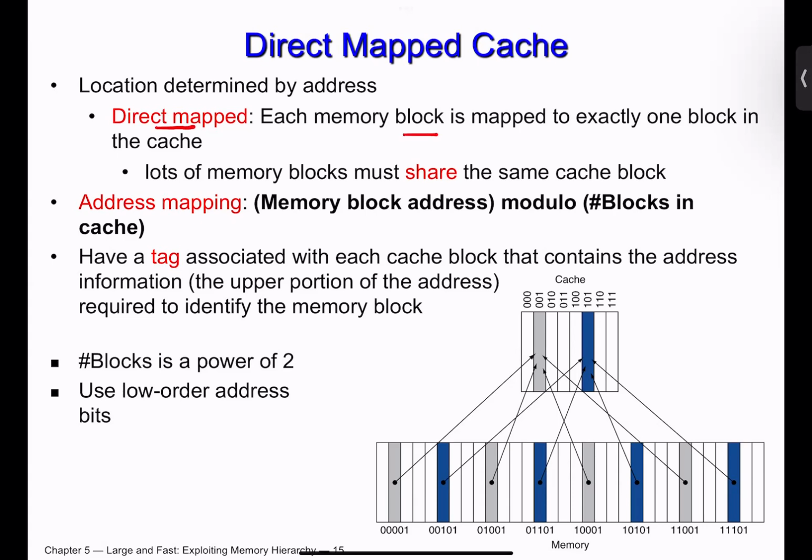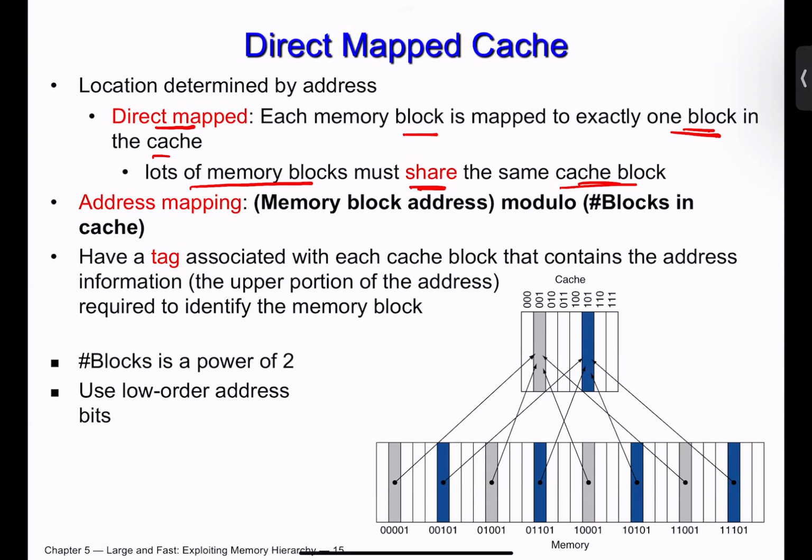Each memory block is mapped exactly to one block in the cache. So each apartment is mapped to exactly one parking spot inside my parking lot. That means that lots of memory blocks must share the same cache block, which is exactly the same thing as multiple students sharing the same parking spot, as we mentioned.